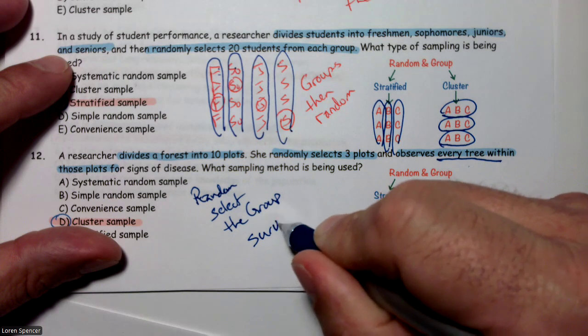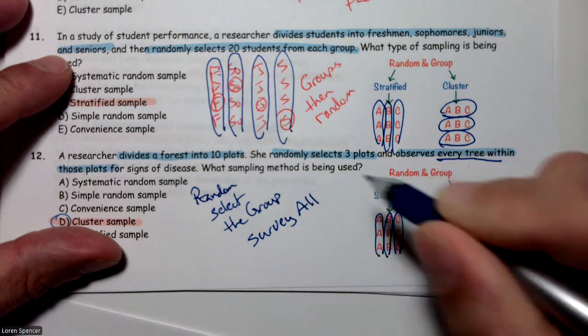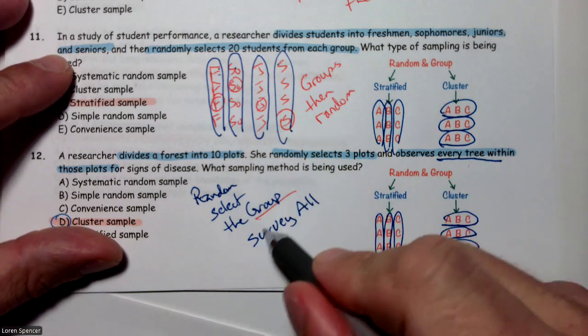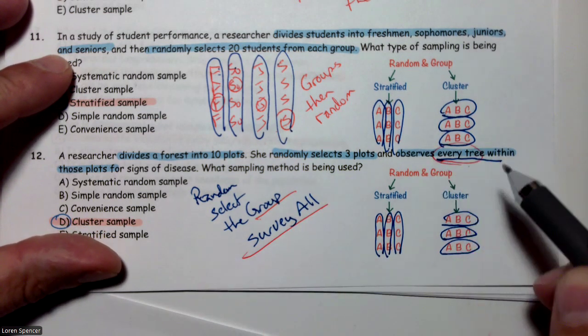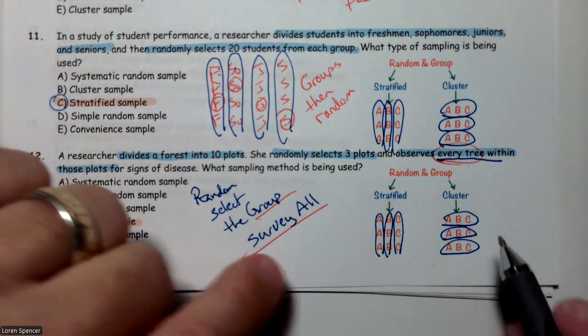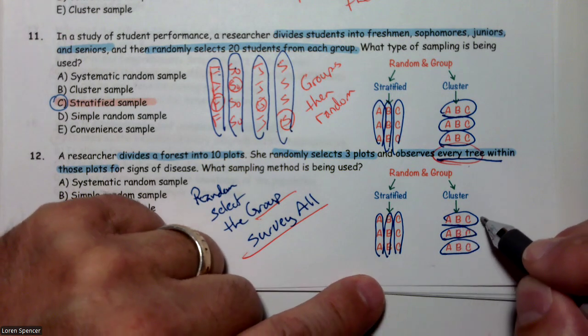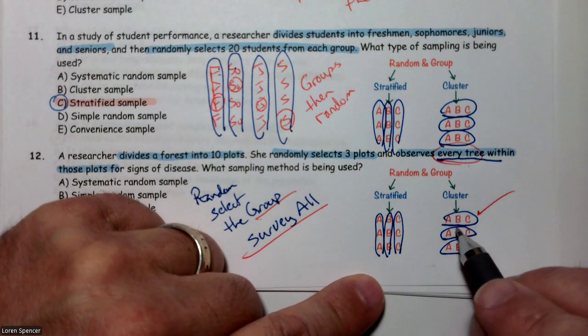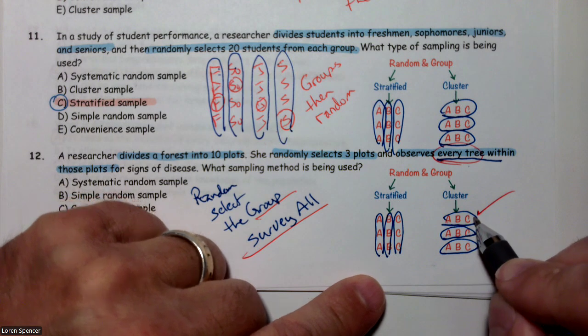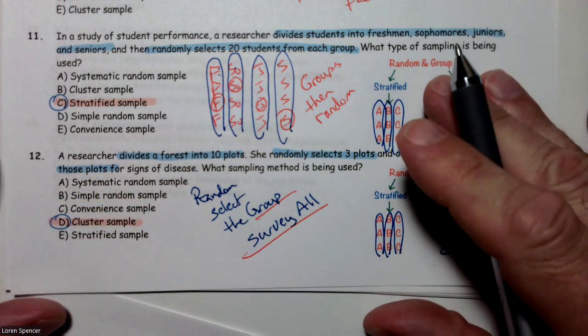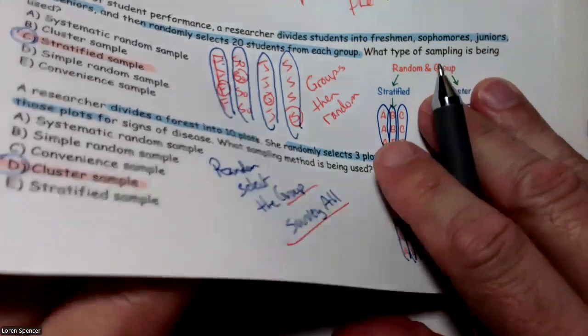Survey all. So if it's a group and survey all, and this says every, that tells me it is a cluster. So this is a cluster because I selected this group by randomization and I surveyed A, B, and C. So I got everybody in there, every type in that group.